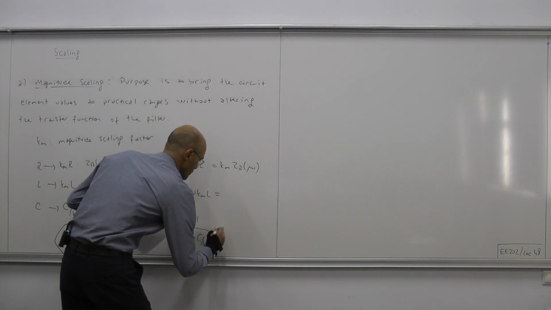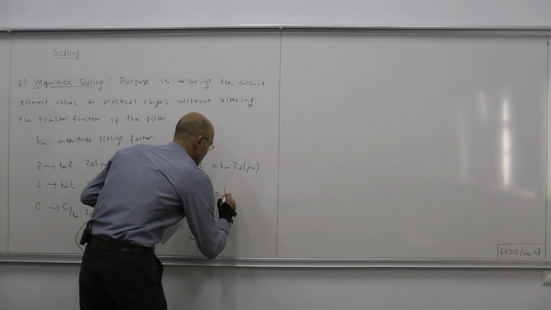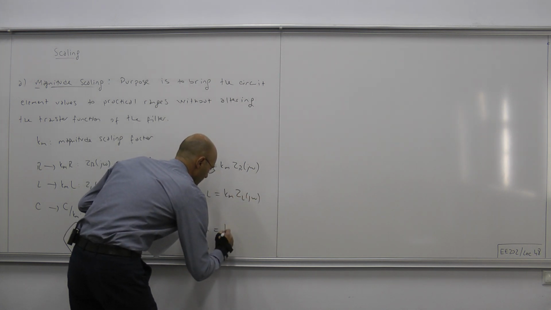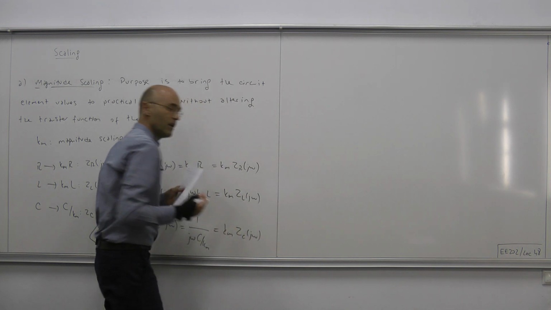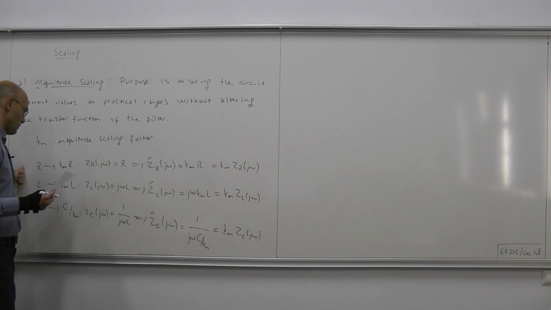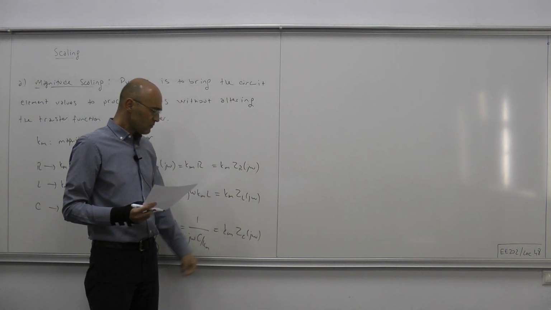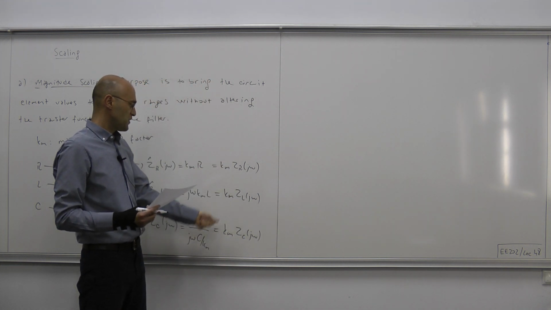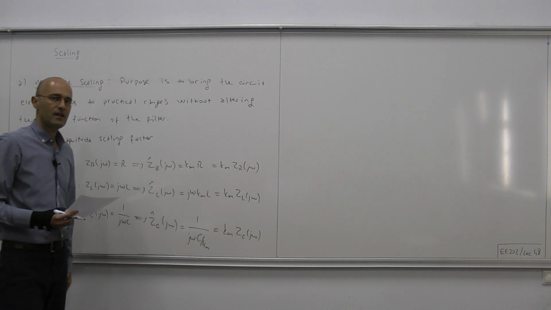Therefore, in terms of the initial impedances, we have Km ZL(jω) and Km ZC(jω). So after this modification to parameter values, the impedance values are all raised or lowered by the same factor, and that factor we're calling the magnitude scaling factor.